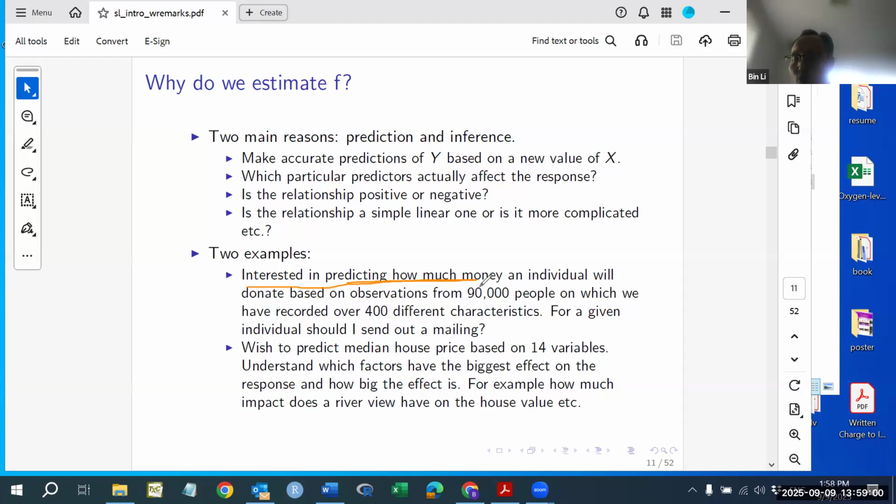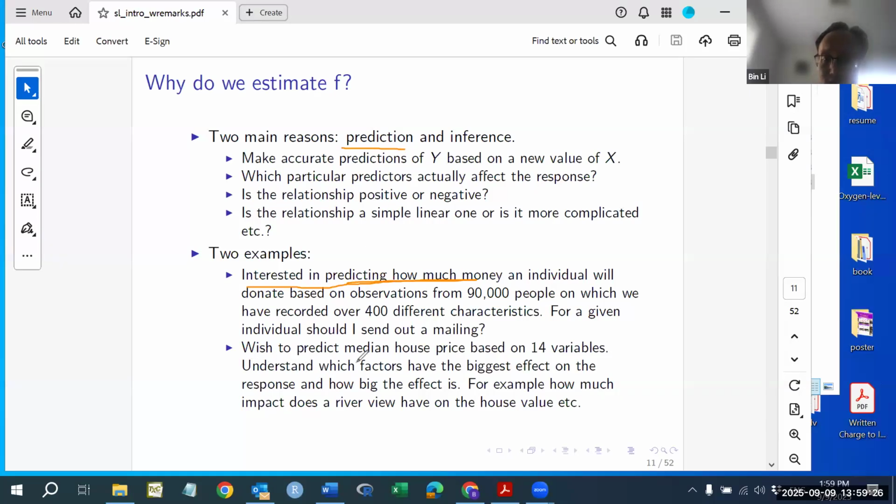Of course we should mail the individuals that have a higher chance to make a donation, right? So how do we choose these target populations? In this example, the focus is on prediction.